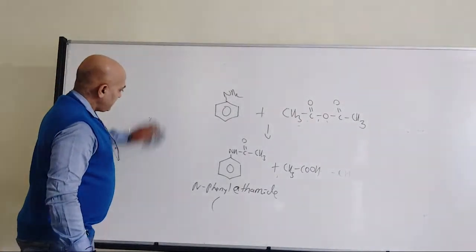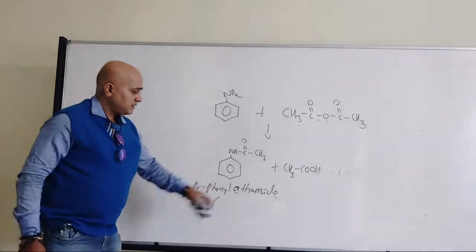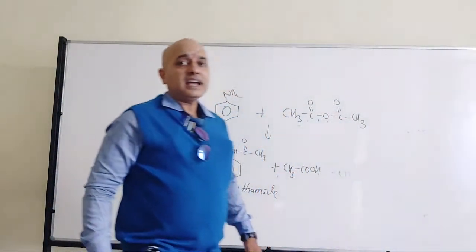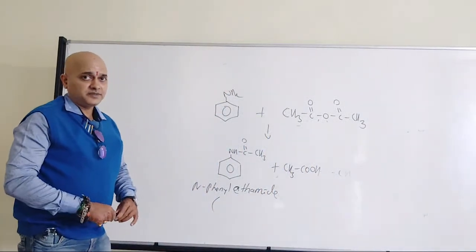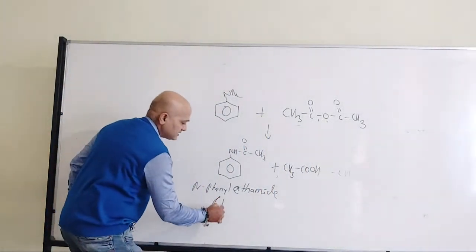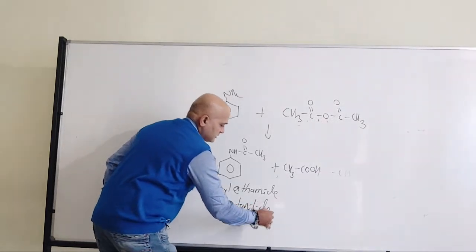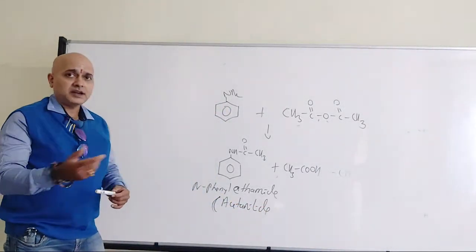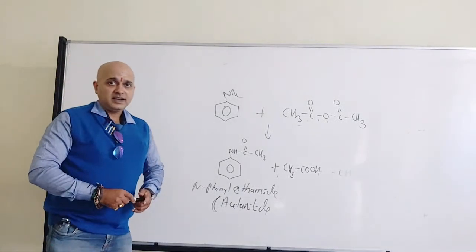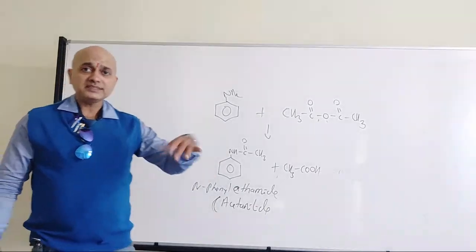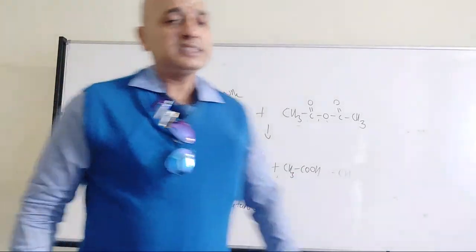So that's where we have N-phenyl ethanamide, which can also be called acetanilide. That is the combination of acetamide plus aniline. Acetanilide.